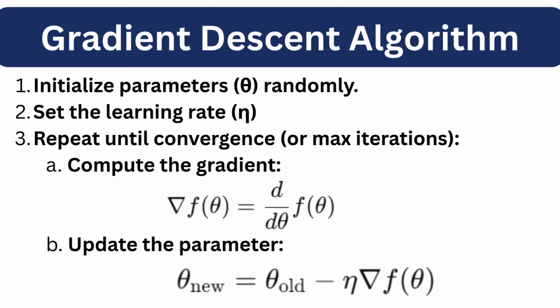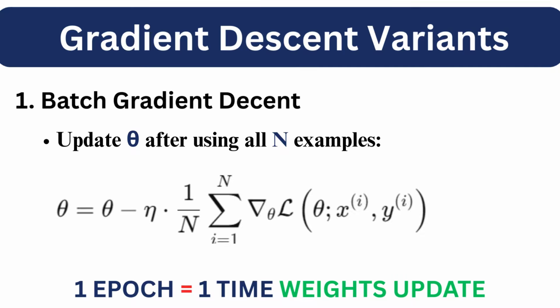First one is to compute the gradients of the loss function with respect to the parameters. Once we find the gradients, we then update the parameters. The equation for parameter update is: new parameter equals old parameter minus learning rate times the derivative of the loss function.